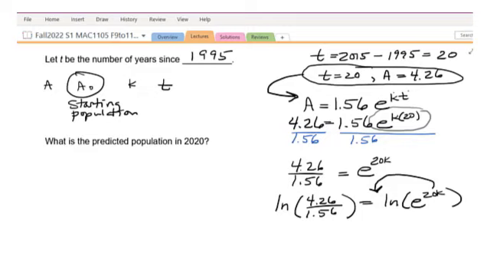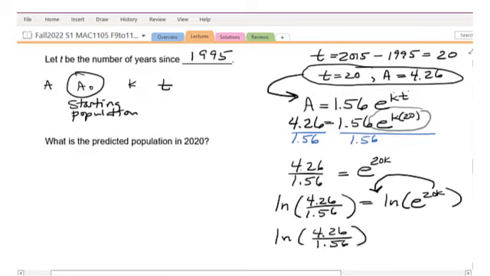In this case, and this will happen with all of the exponential equations, since the base is e, it's actually going to disappear. So you can think of it two ways. One, using the power rule of logarithms, you can think of bringing the power out front, which leaves the natural log of e, which is equal to 1.